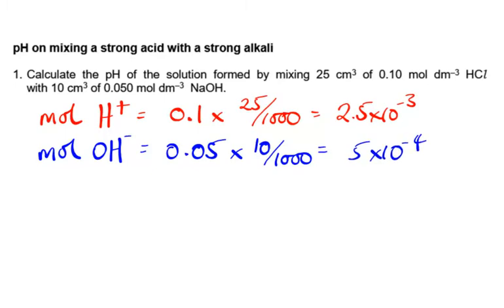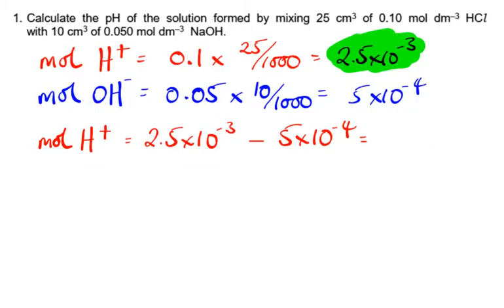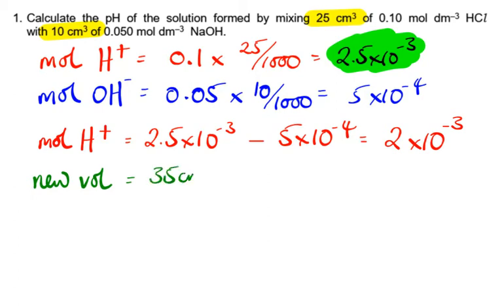So who's in excess? Well, hopefully we can see that we've got more hydrogen ions than we have hydroxide ions. So the moles of hydrogen ions left over after the reaction, we do the moles of the hydrogen ions, subtract the moles of the hydroxide ions, and that gives us just 2 times 10 to the minus 3. The new volume, well, we had 25 with the acid and 10 with the alkali, so our new volume is 35 centimeters cubed.